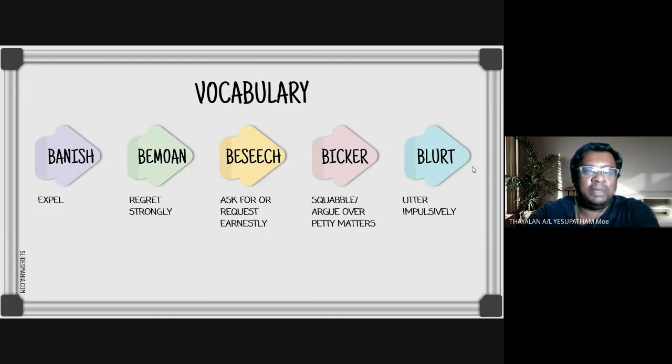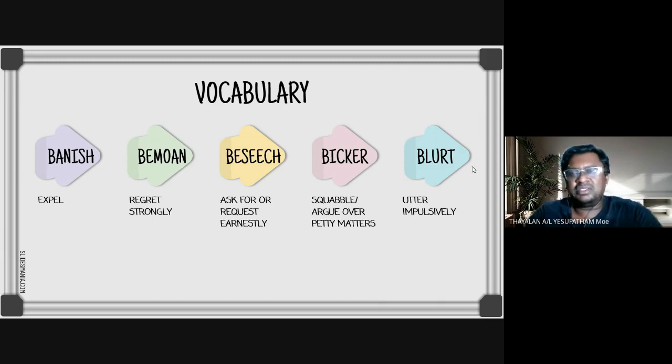The second one is bemoan, which is to regret strongly. Third one, beseech: ask for or request earnestly. So when you pray to God for something, you beseech Him. Bicker: to squabble or to argue over trivial matters, petty matters, small matters.